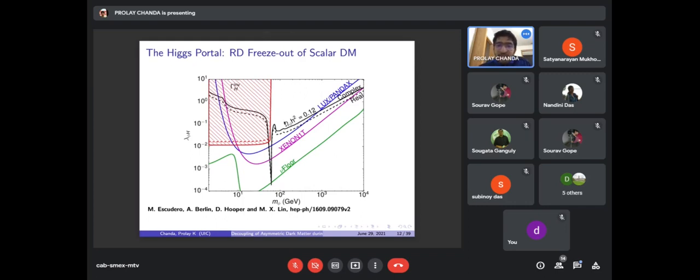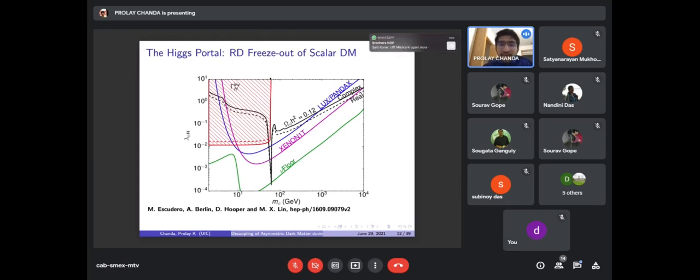And all these are experimental bounds. The green one is the background neutrino floor. The XENON and LUX are the underground xenon direct detection experiments which look for kinetic recoils of the dark matter particle if they collide. And the red dashed region here is the invisible decay width. The idea is we collide the standard model particles, and if the Higgs decays into some channel which cannot be detected, that can be a possible source of dark matter.